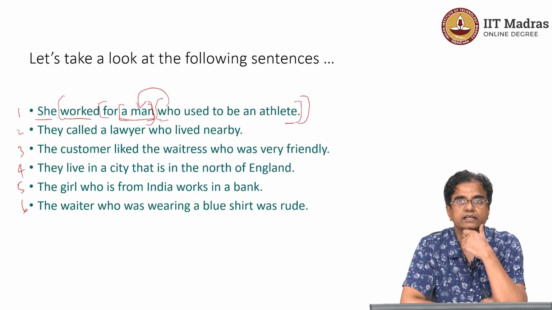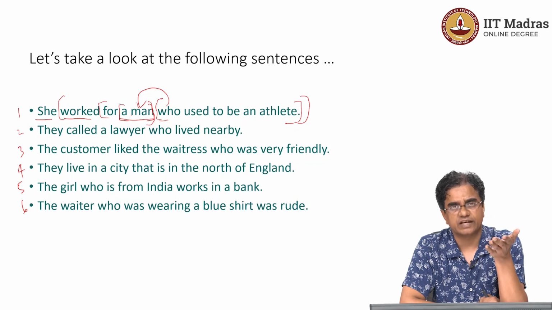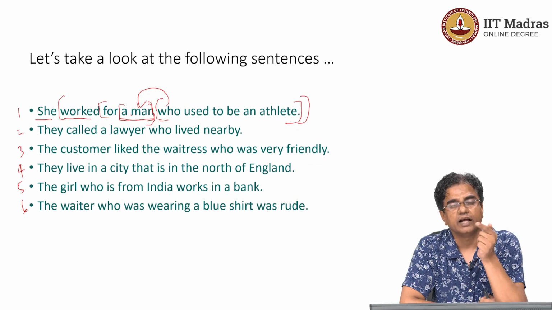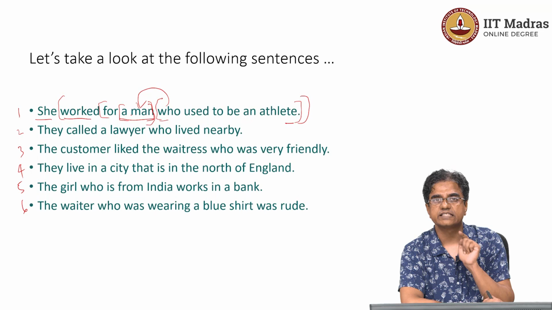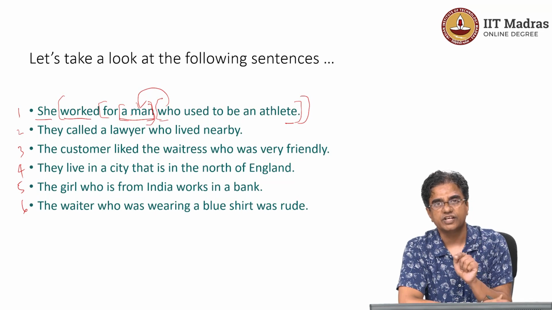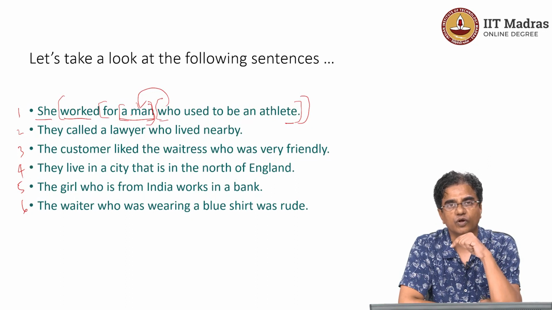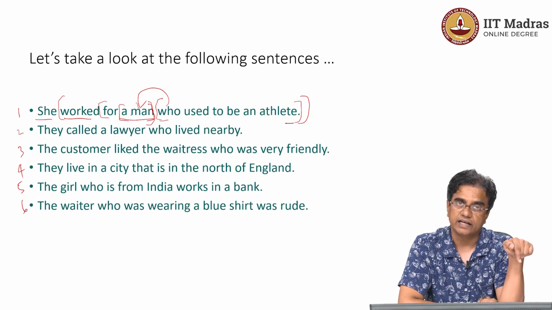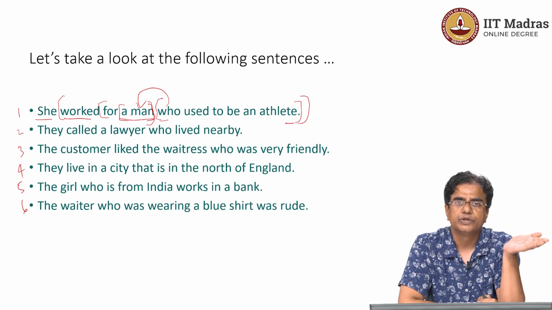When we say tall man or short man or qualified man or any kind of adjective that we add, adjectives are words which modify a noun. So, in a way, you are going to see a similarity between adjectives and relative clauses, in the sense that relative clauses modify a noun and adjectives also modify a noun.